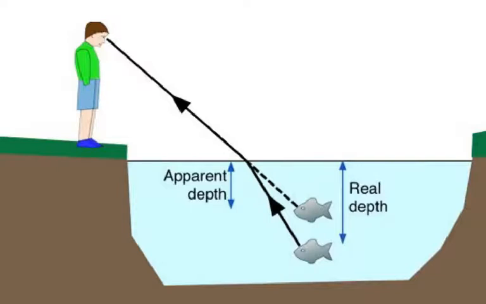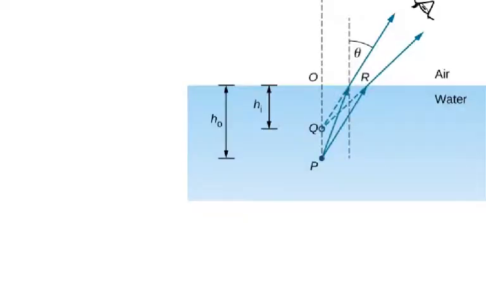So every time we look down into the pool, the water looks not as deep as it is in reality. Let's look at the example of how we derive the formula of the apparent height or depth depending on the angle of refraction and the index of refraction.